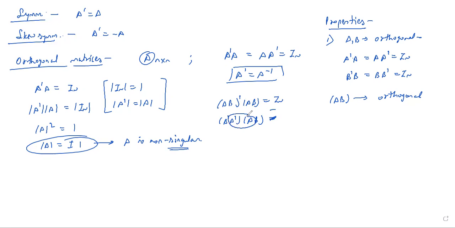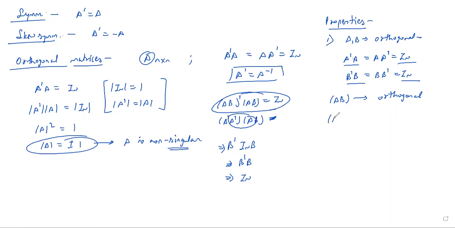Now A transpose A equals identity, as A is orthogonal, so this becomes B transpose identity B, and multiplying any matrix by identity gives the matrix itself. That is B transpose B, and as B is orthogonal, B transpose B equals identity. So we got (AB) transpose AB equals identity, so the product of two orthogonal matrices is also an orthogonal matrix.